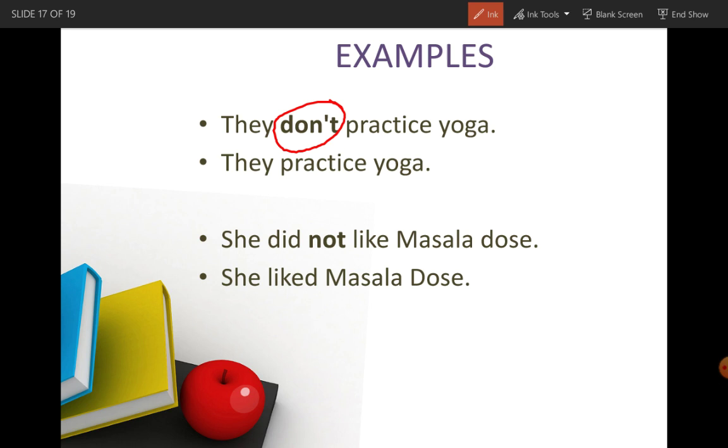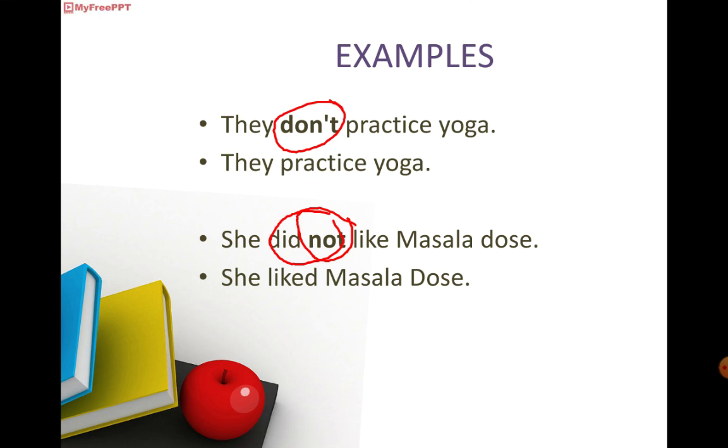Next sentence, she did not like masala dosa. So, since not is there, it is a negative sentence. To make it positive, you should remove did not. When we remove did not, it will become she liked masala dosa.